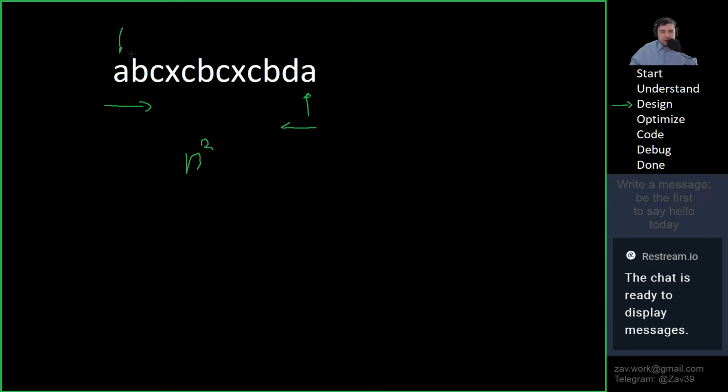Plus we need to check the string itself, whether it is a palindrome or not, which also takes up to n operations, since we need to check up to all letters. So the total complexity of this approach is n cubed, which is super huge.